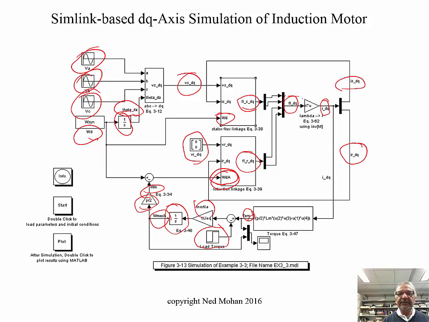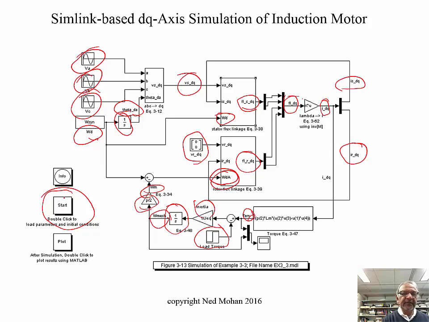When we run this simulation, we first need to calculate the initial conditions, which may be given as a MATLAB file. So you have to double click on the start button here to get those initial conditions into the workspace, and those initial conditions are then used in the integrators in this Simulink simulation.